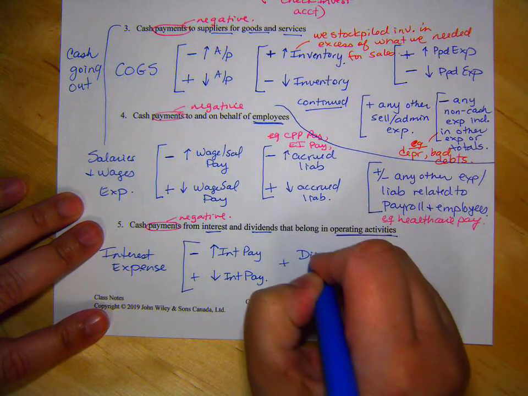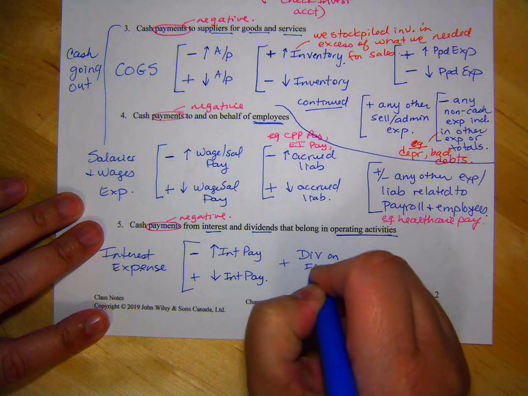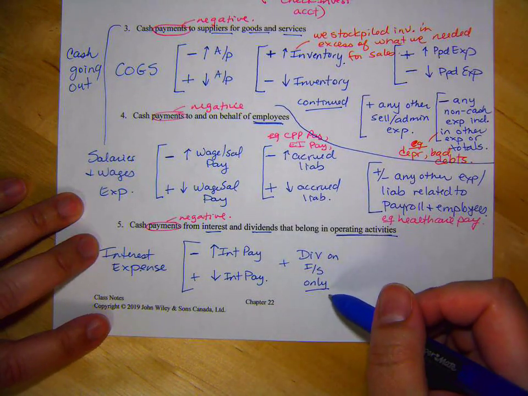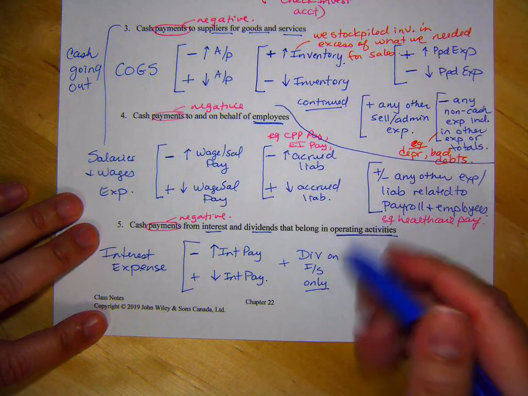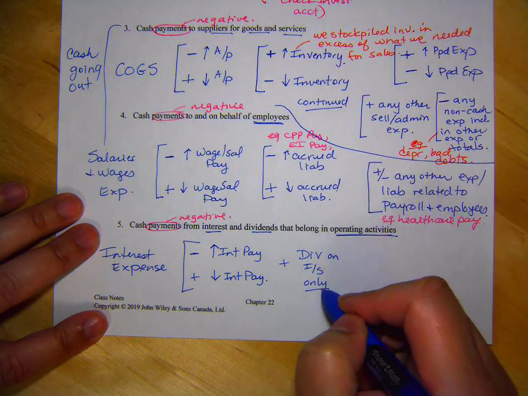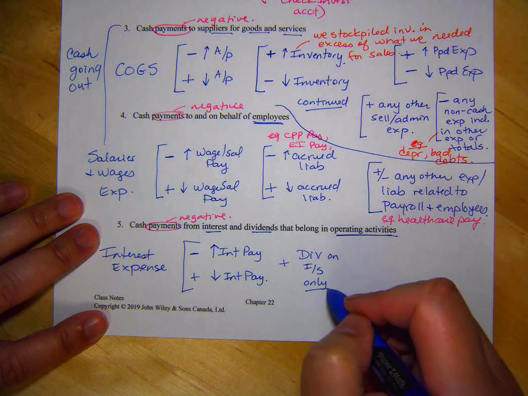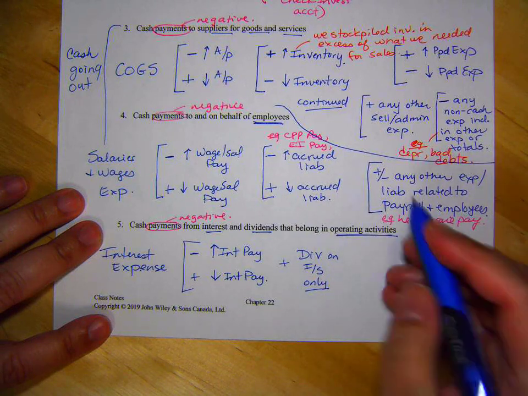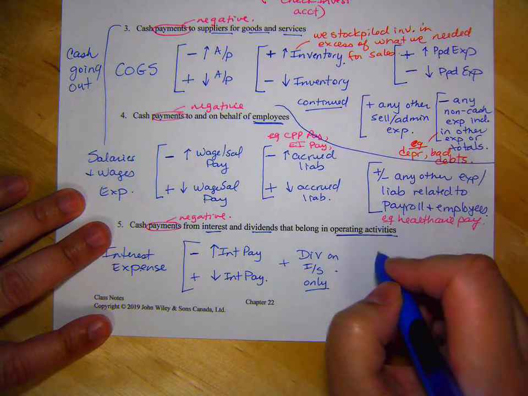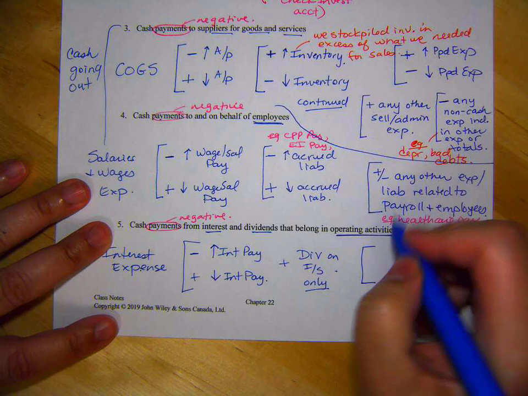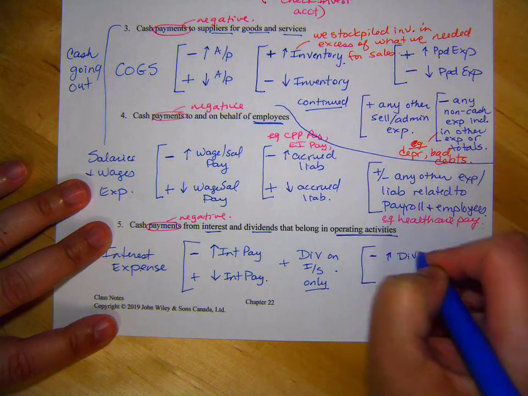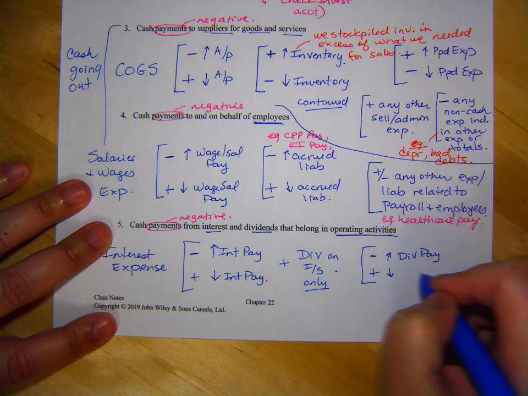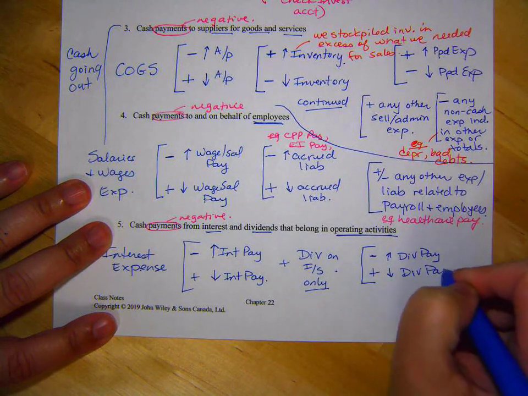We're going to add dividends on income statement only. So if you see dividends on the income statement that we paid out, it will go here. It's not though, okay? And related to this, we subtract increases in dividends payable and add decreases in dividends payable.